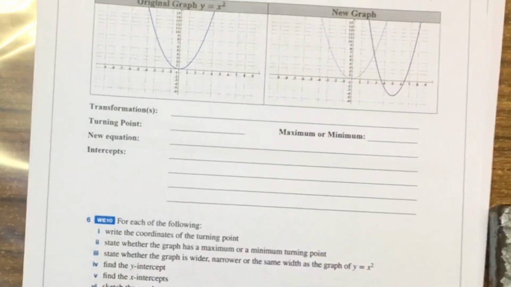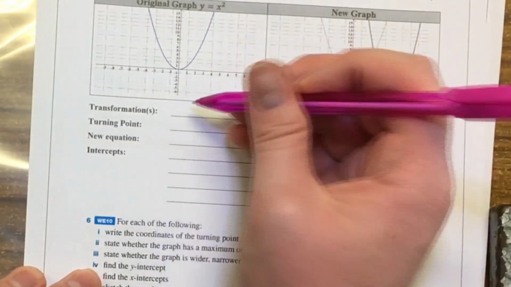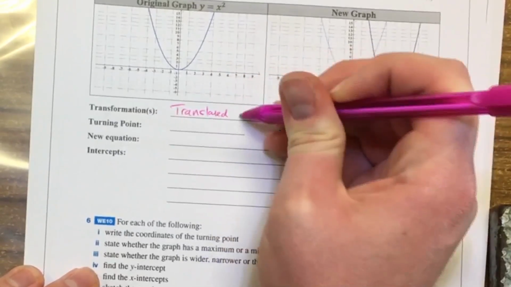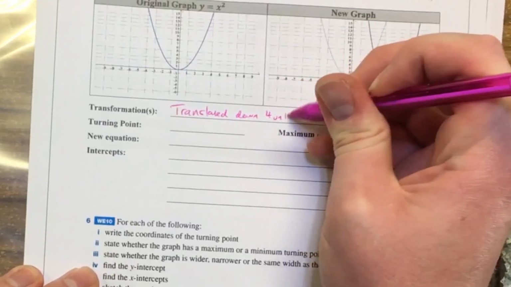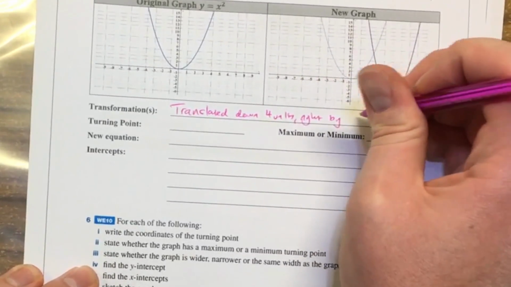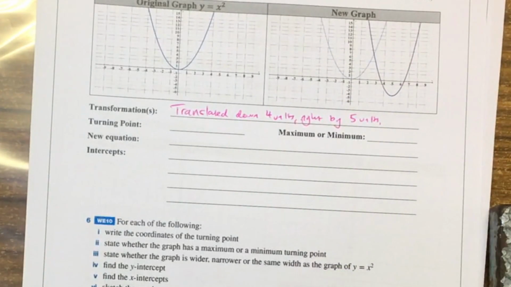Where's it been moved? Down y by 4, and right along x by 5. So it's translated down 4 units, right by 5 units.